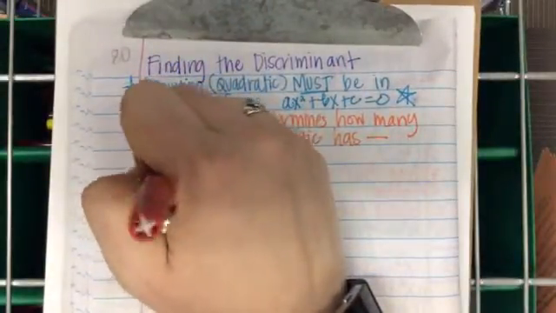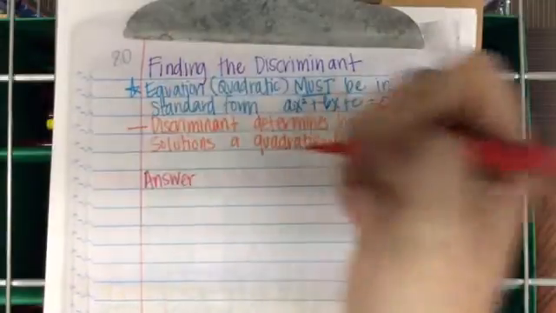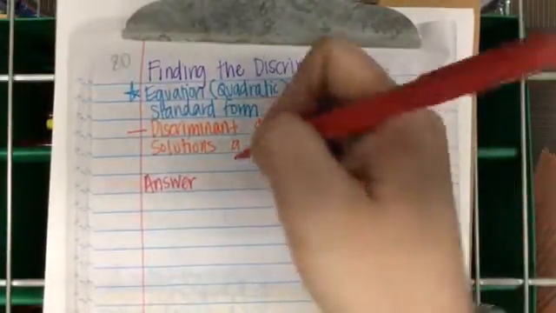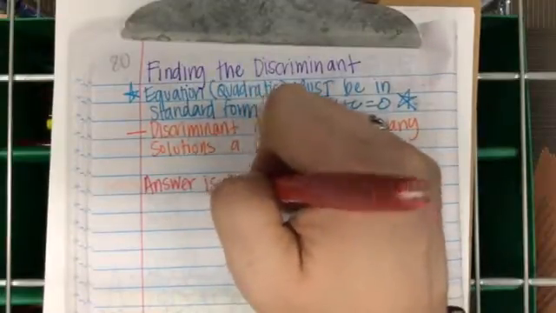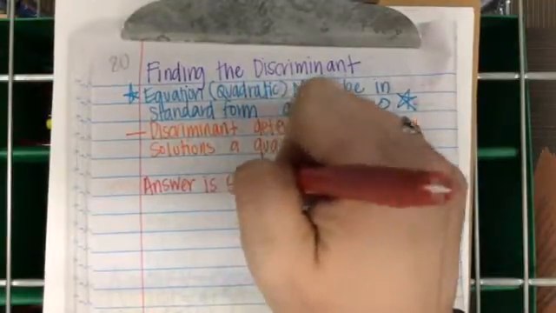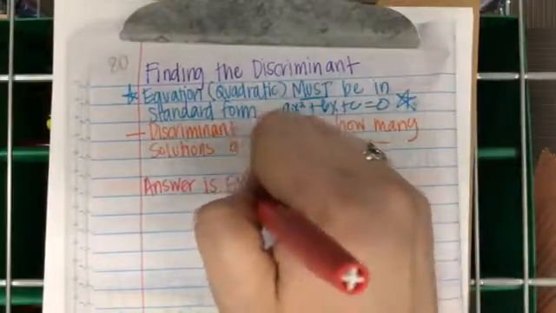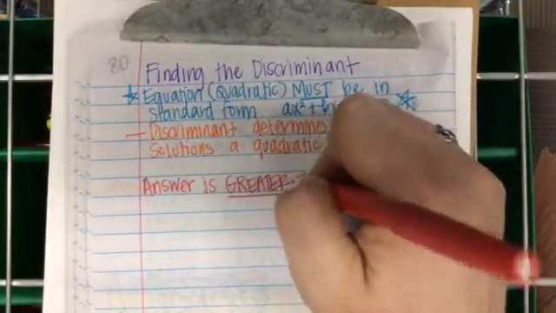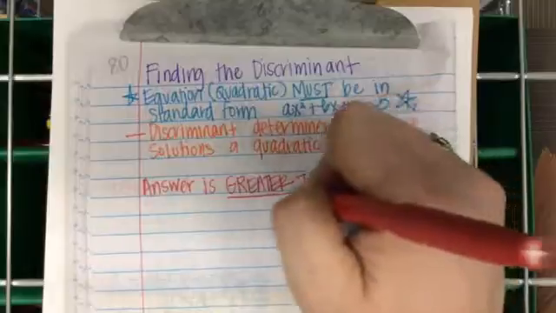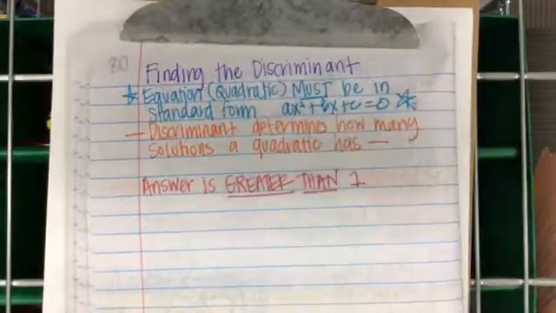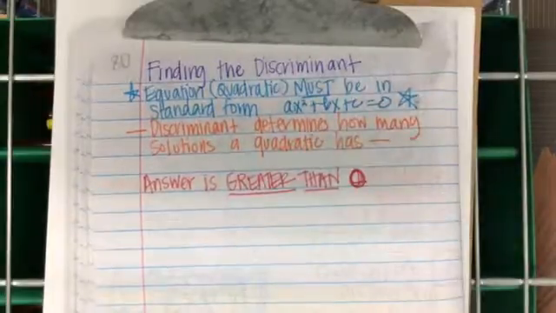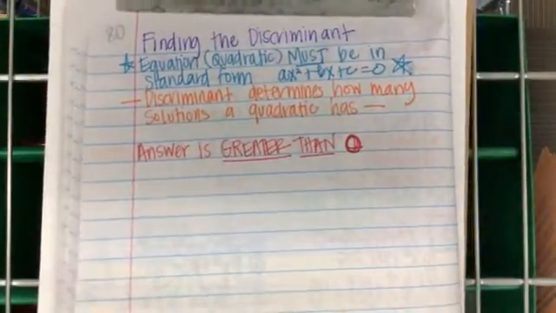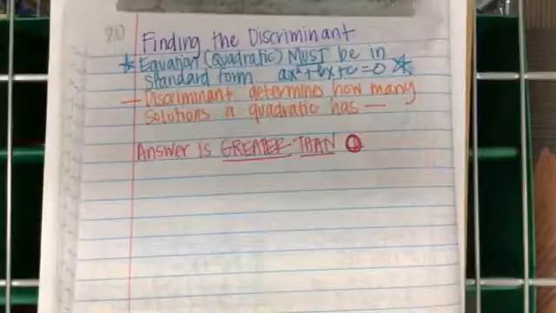If the answer to the discriminant is greater than 0, sorry, I meant 0, not 1. So what kind of values are greater than 0? Positives, right?